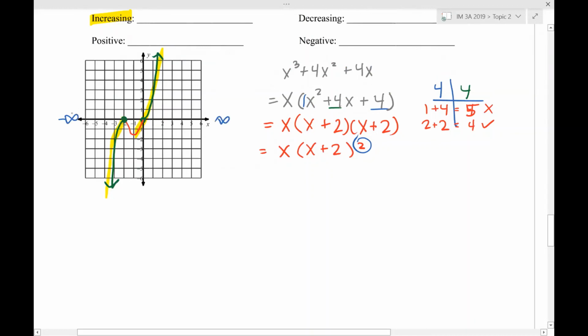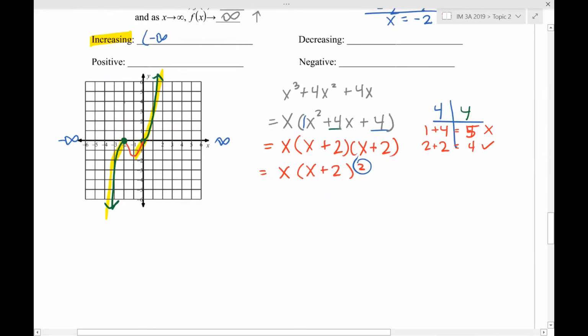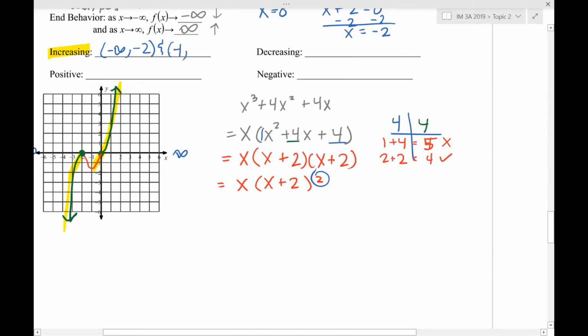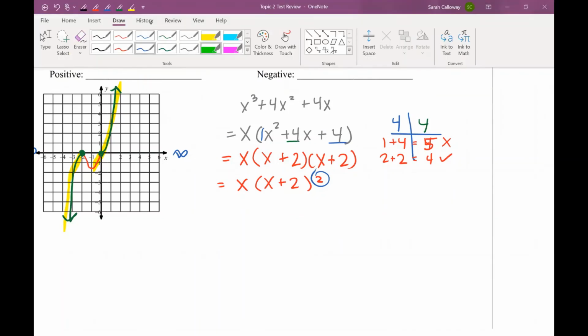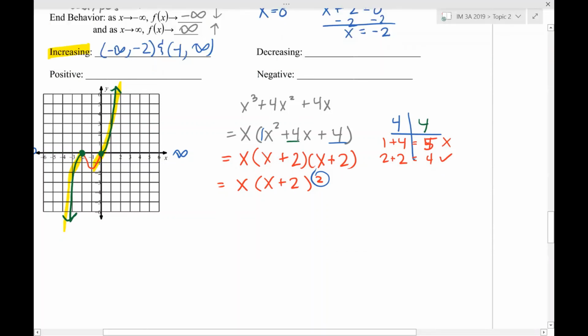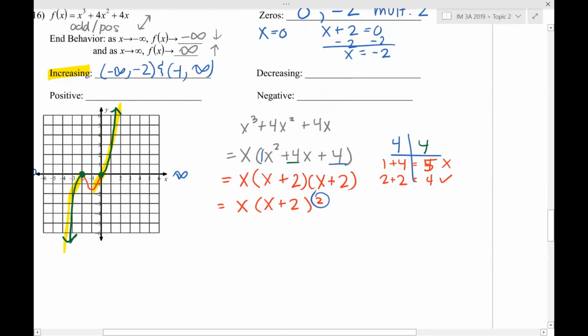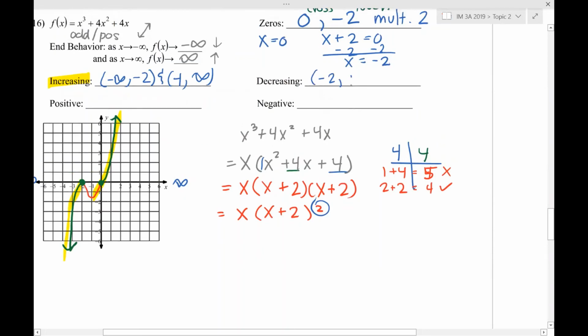So my graph is increasing on the left side, from negative infinity until -2, and for the rest of the graph, from -1 to infinity. The graph is decreasing in the section that I didn't highlight, so it's decreasing from -2 to -1. That section, if I highlight it in pink, is here.